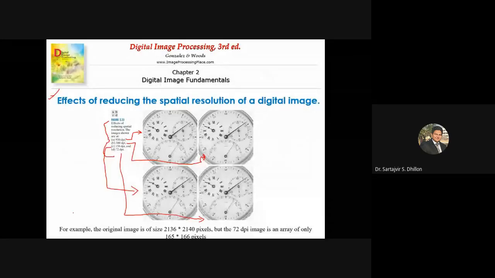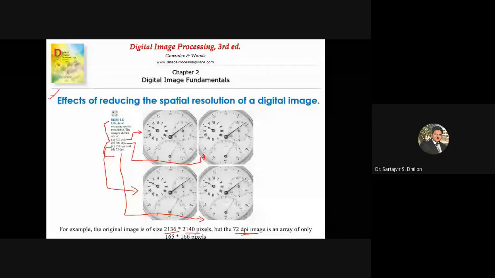And please note that, as compared to the first image, which is the original image, the size of 2136 by 2140 represents the rows and columns, the number of pixels. As the DPI of an image goes from 930 to 72, it becomes an array of only 165 by 156 pixels.